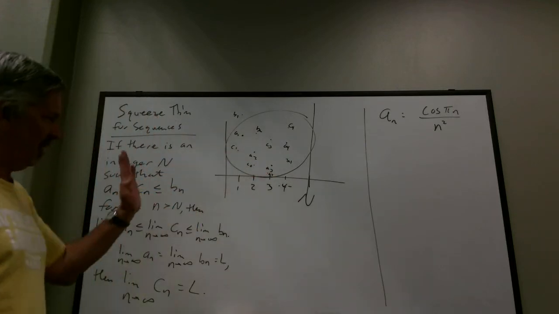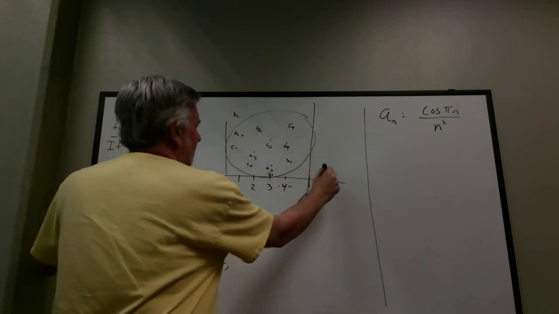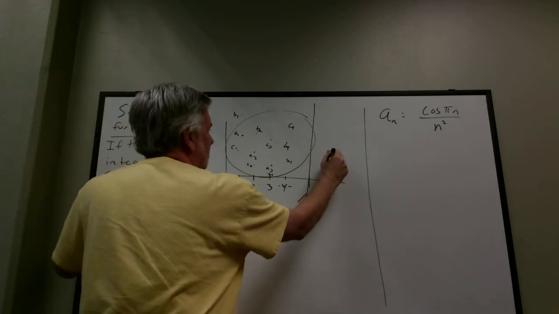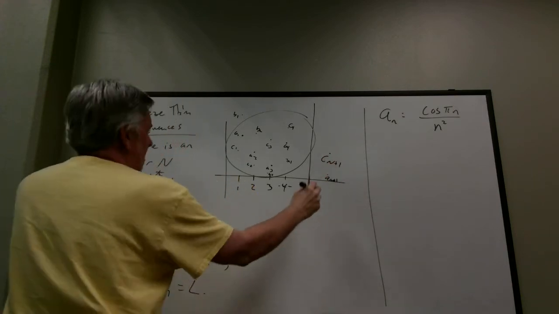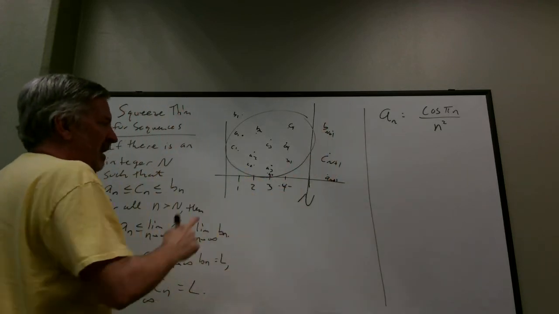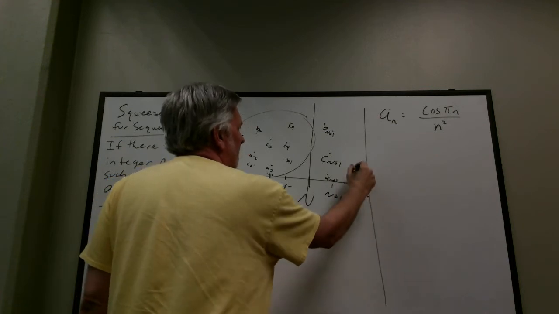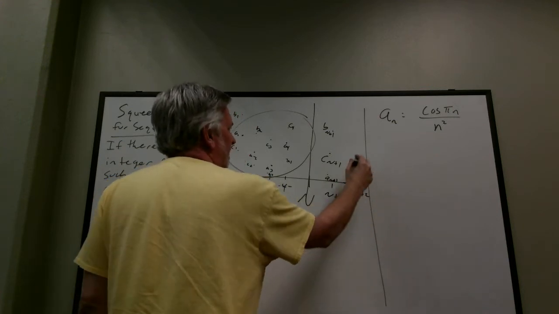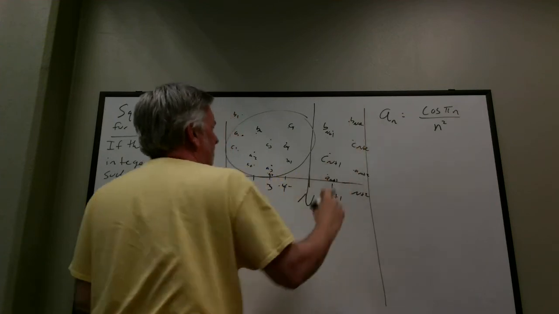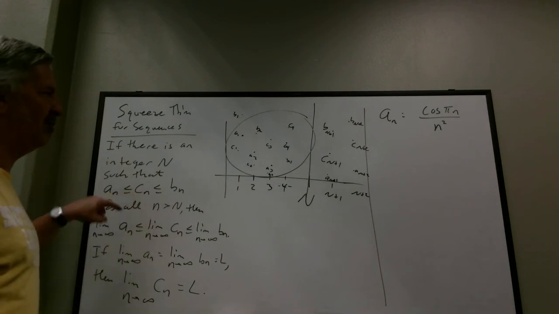Once you jump past capital N, a(n+1) is going to be less than or equal to c(n+1), less than or equal to b(n+1). If we go over to n+2, a(n+2) could be there, c(n+2) could be there, but b(n+2) would have to be bigger. So the b's are always above or equal to the c's, above or equal to the a's.